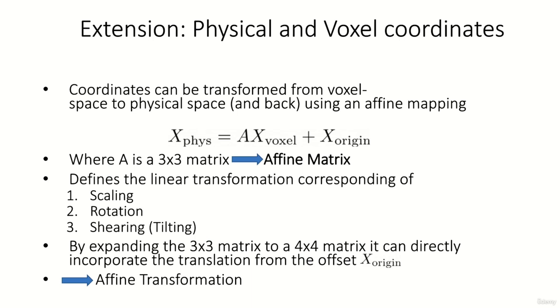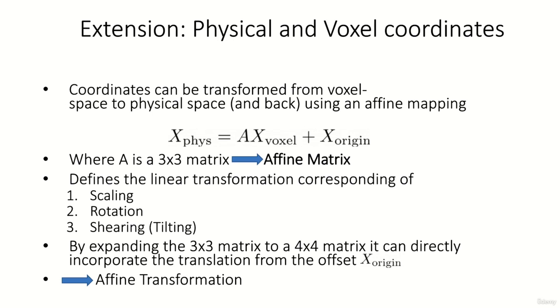This transformation can be computed by multiplying a matrix A with our voxel coordinates and then adding an offset called x origin. This 3x3 matrix A, which is used to transform the voxel coordinates into the physical ones, is called the affine matrix.